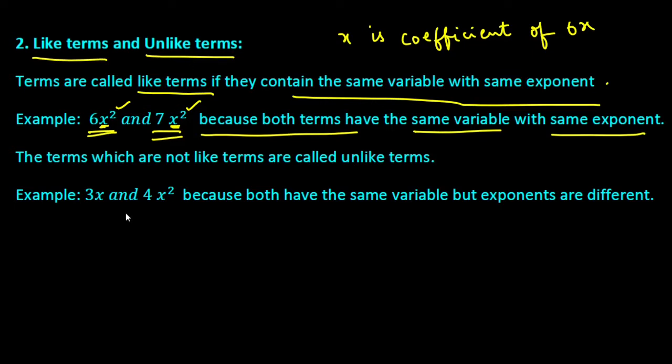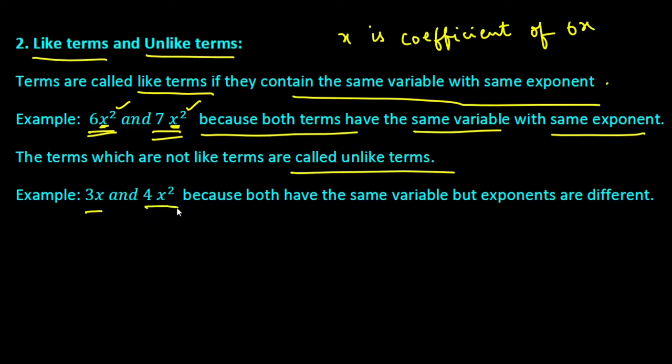Then what are unlike terms? The terms which are not like terms are called unlike terms. That means the terms which vary in variable part are called unlike terms. For example, 3x and 4x square.